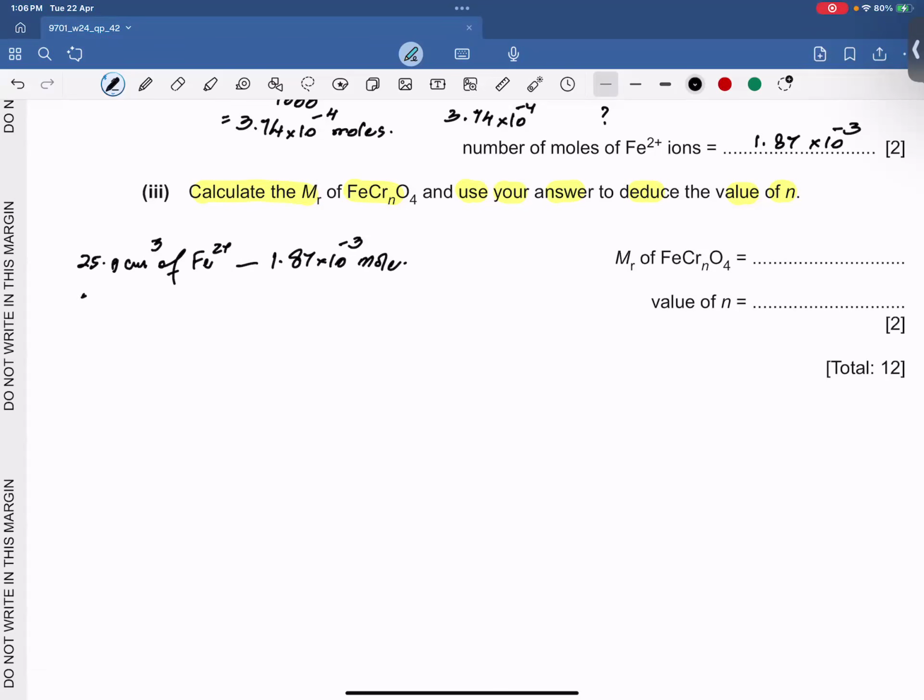Then in 250 cm cube, moles would be multiplied by 250 divided by 25. So technically it's a 10 times dilution, so it's going to be 0.0187 moles of Fe2+.